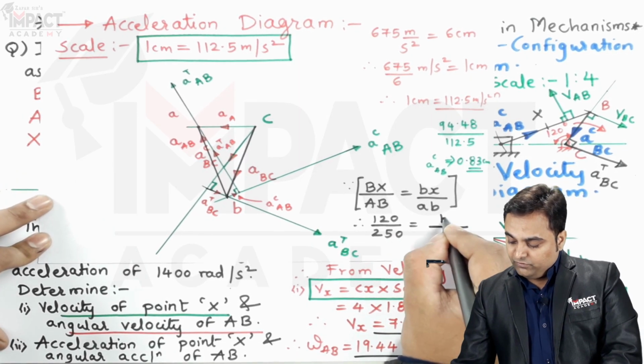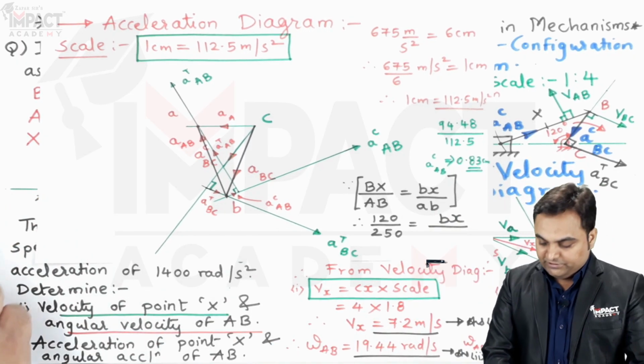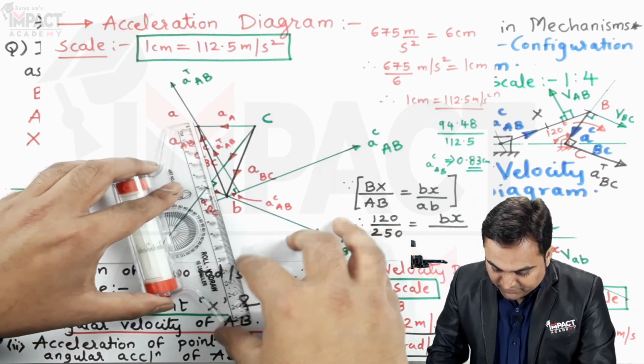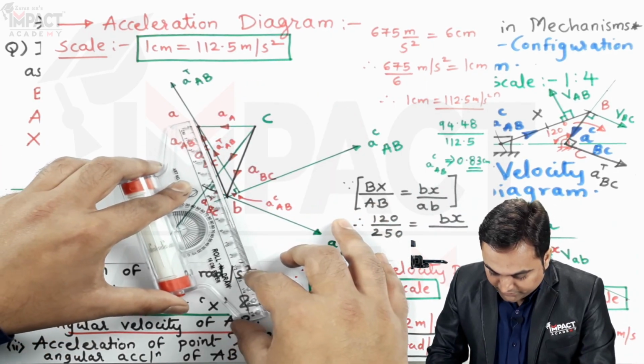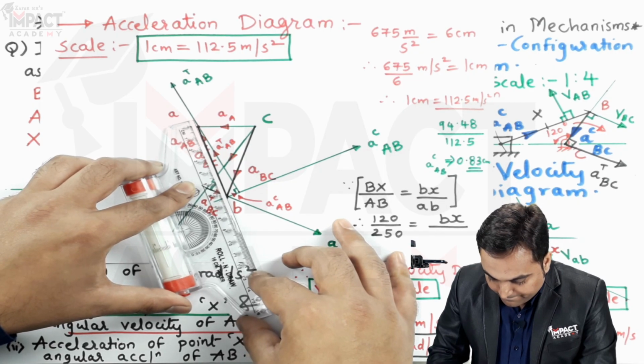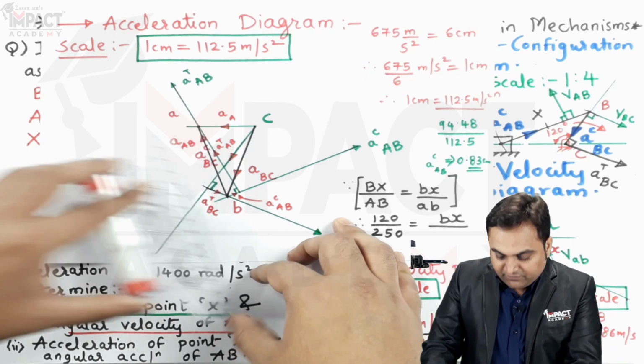Then the bx value is what we have to find out. The ab value I am going to measure in terms of centimeter, and this line indicates the main acceleration of AB. So I have to take this line, and in terms of centimeter it comes out to be 6.3 centimeter.